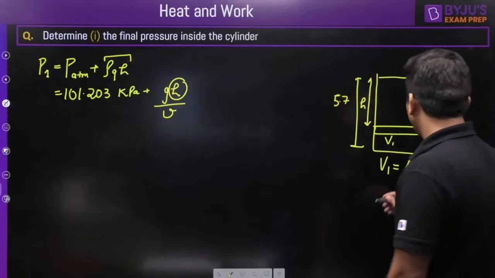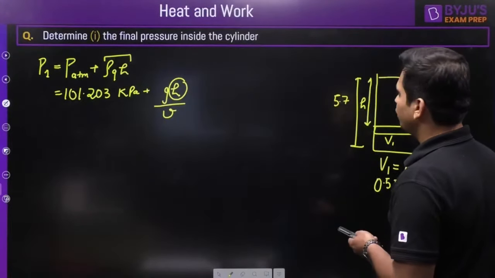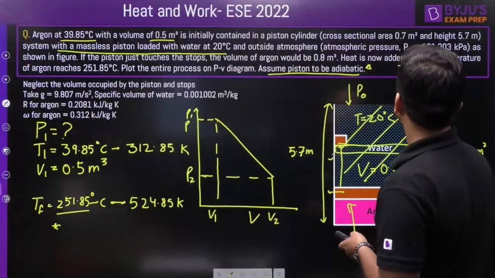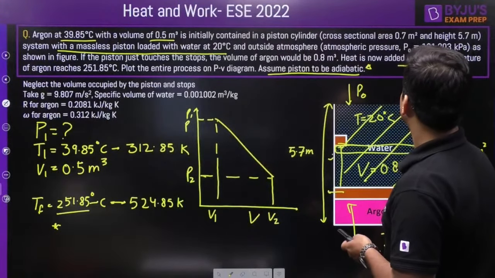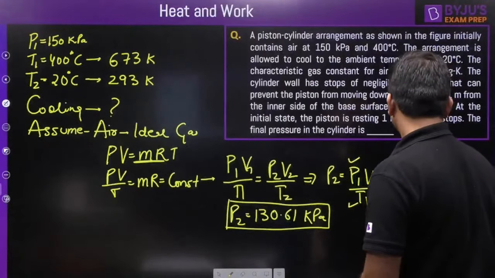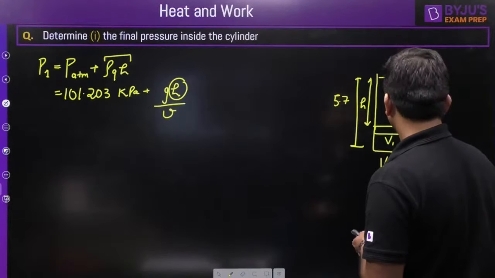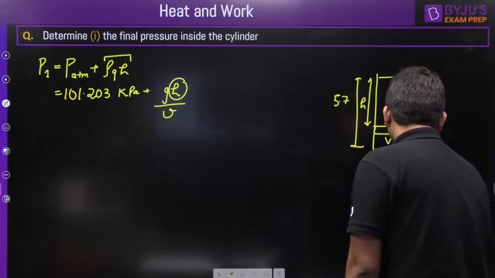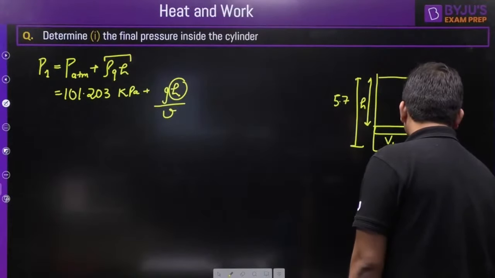V1 is given as 0.5 and area is given as 0.7 meter square. So it is 0.7 into h. So what is this h? 0.5 by 0.7.